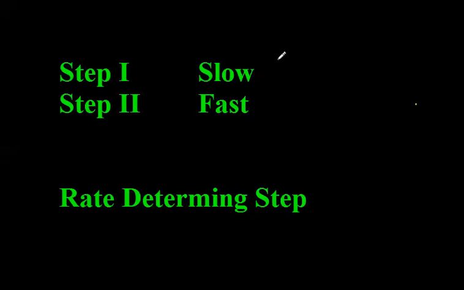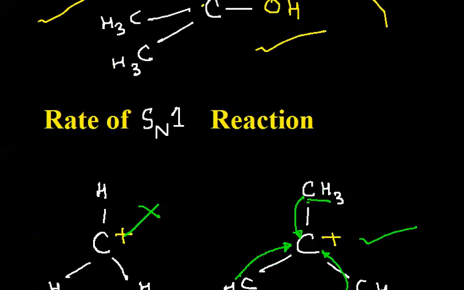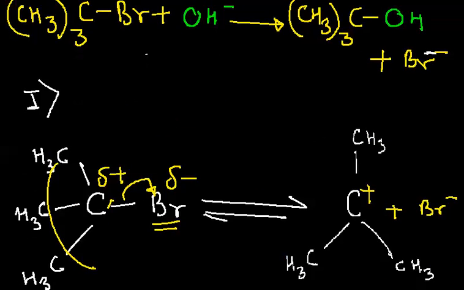If you know some basics of chemical kinetics, then you would know that if a reaction is taking place in multiple steps, then there is a thing called the rate determining step. And you can observe that the first step, which is the formation of carbocation, is a slow one, while the second one is pretty easy and very fast. You can call this one the rate determining step because they always choose the slower step as the rate determining step. And what is the first step? Step one.